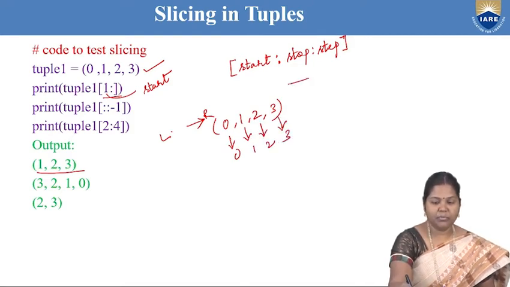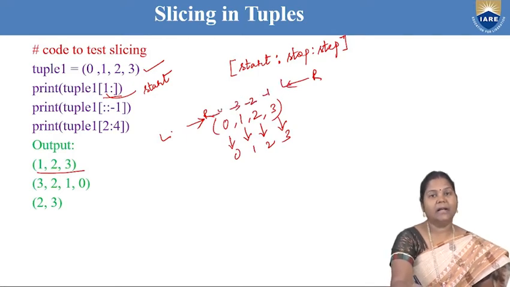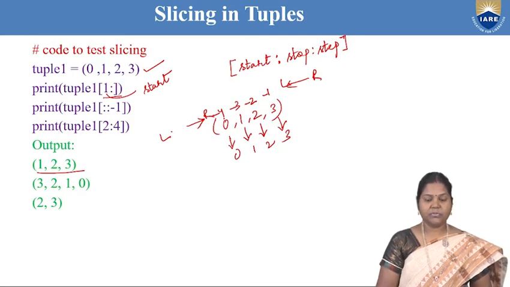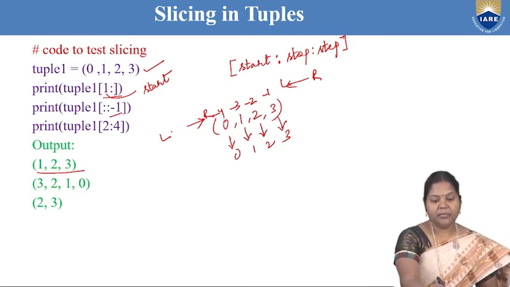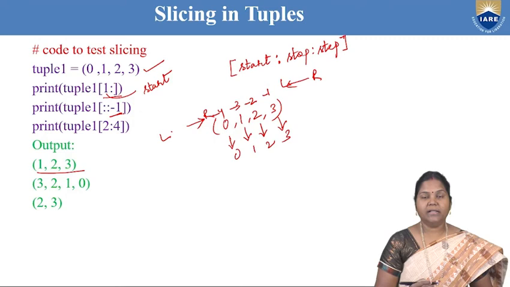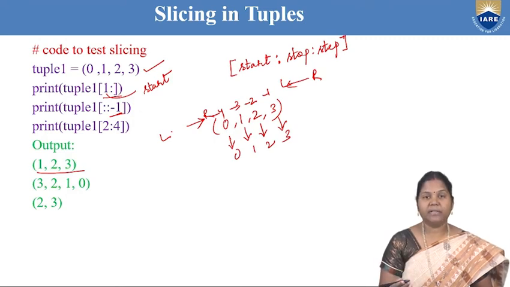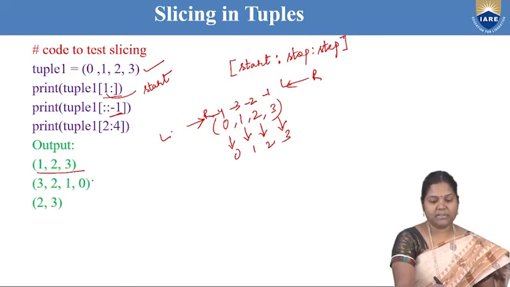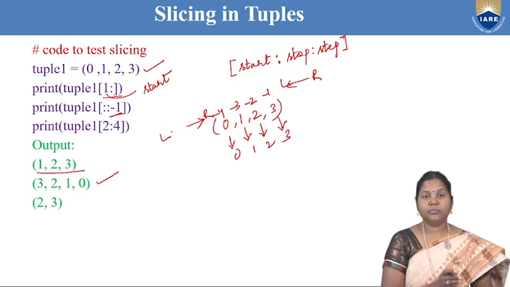But if you go from right to left, the indexing is minus 1, minus 2, minus 3 and minus 4. So a step of minus 1 means you should print the elements from right to left. Start and stop are not given, so by default it will take all elements. You can see that the output is 3, 2, 1 and 0.